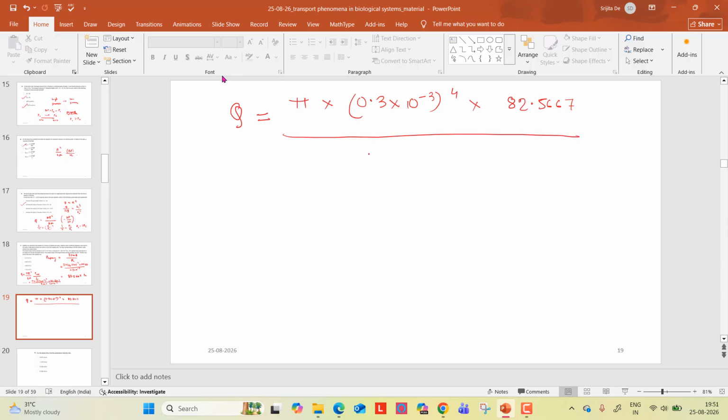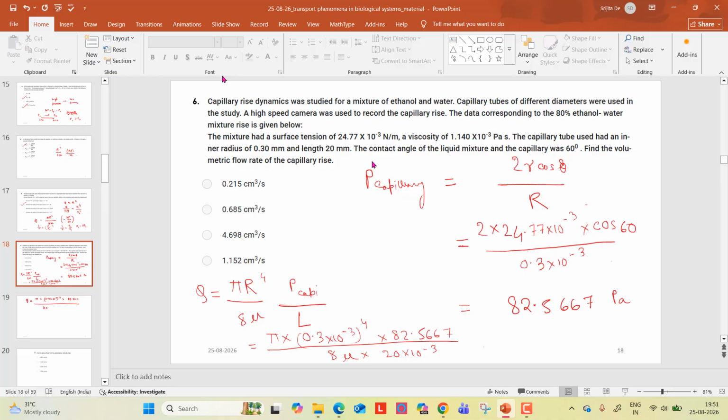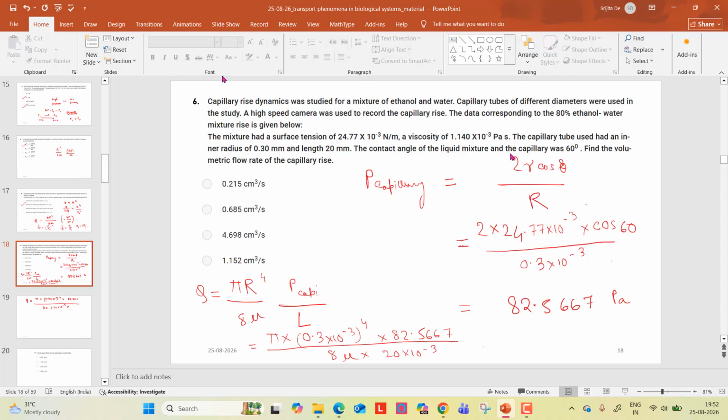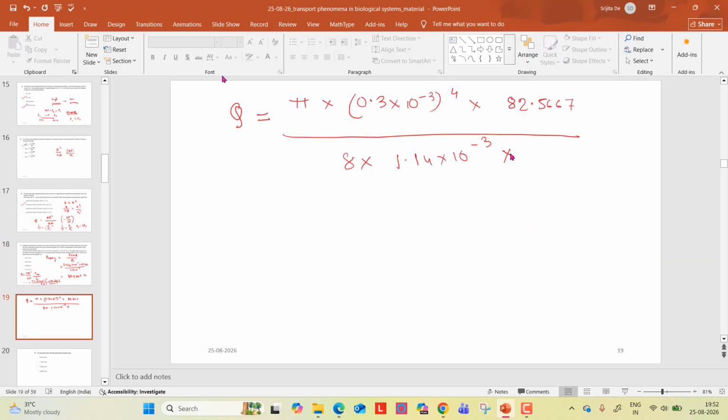Then 8 mu, where mu was 1.14 into 10 to the power minus 3, into 20 millimeters. So 20 into 10 to the power minus 3.